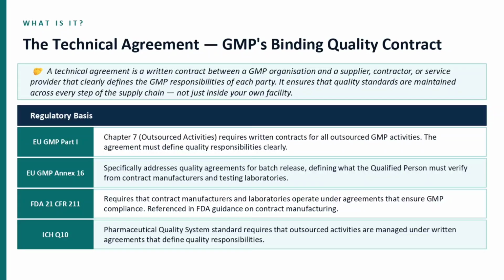FDA 21 CFR Part 211 requires that contract manufacturers and testing laboratories operate under agreements that ensure GMP compliance. And ICH Q10, the International Pharmaceutical Quality System Standard, requires that all outsourced activities are managed under written agreements that define quality responsibilities. The regulatory message is completely consistent across all major authorities. If you outsource a GMP activity, you must govern that relationship with a written agreement.